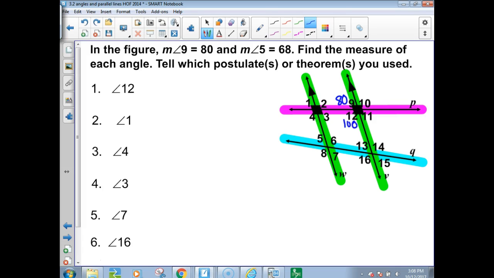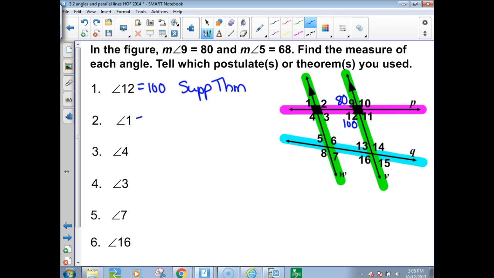So angle 12 is 100 because 9 and 12 form a linear pair, which is by the supplement theorem. Supplement theorem says if two angles form a linear pair, they're supplementary.